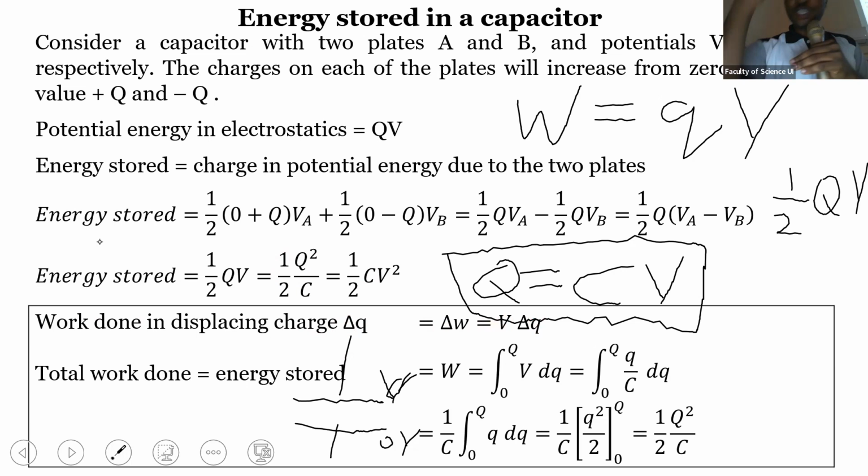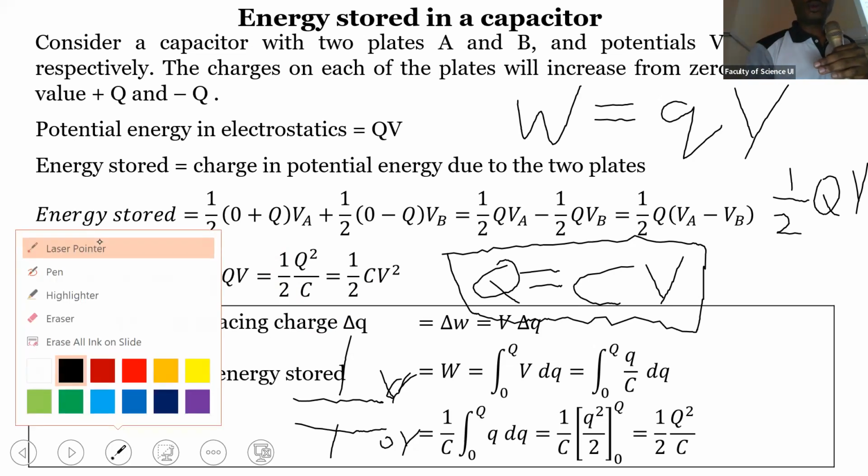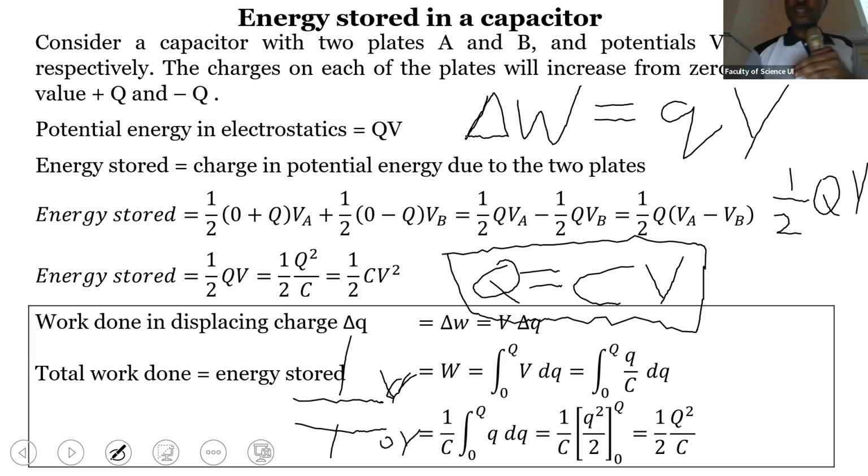So we can put it in a more scientific form: the change in work is equal to the change in charge times the potential. To get the total work done, we integrate both sides, and we should have W equal to QV.